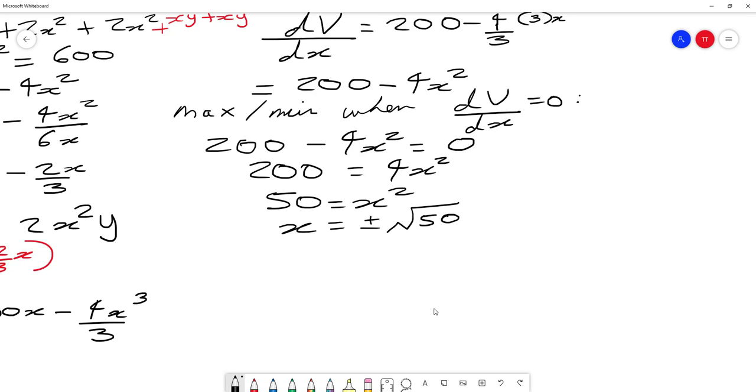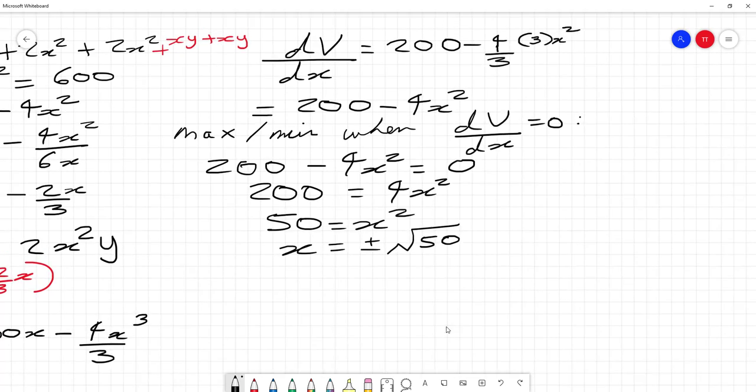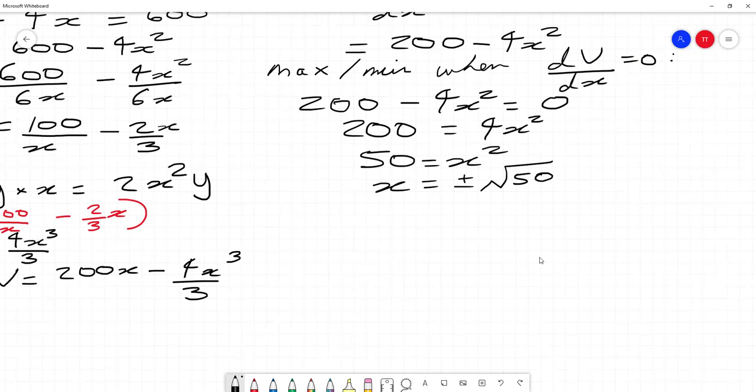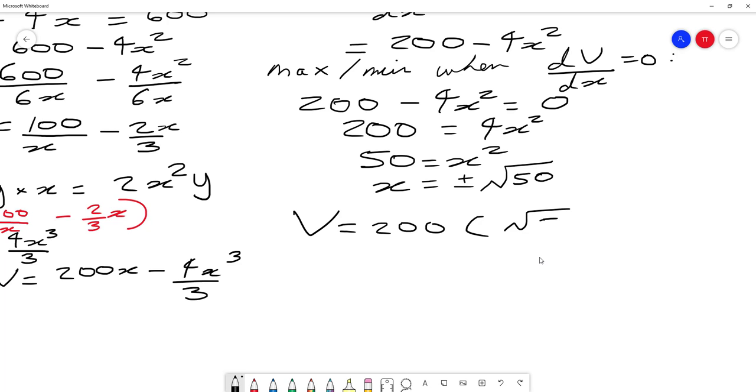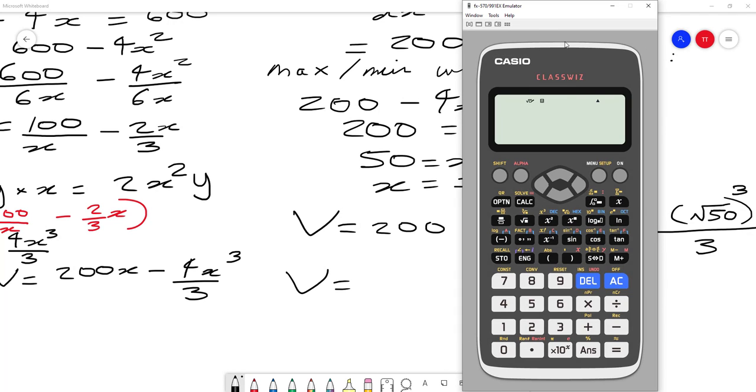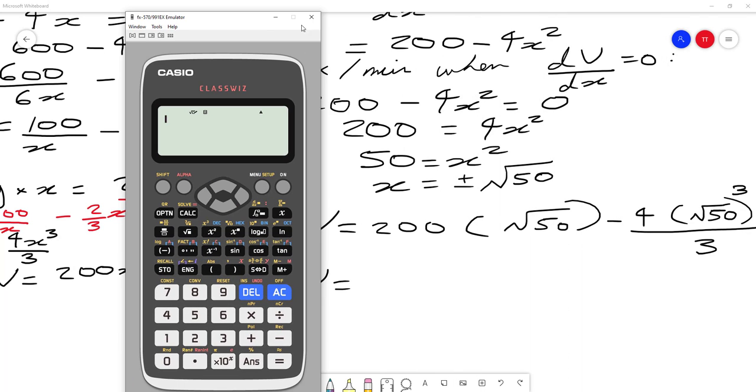So we know what the volume formula is. It's going to be V equals 200 times root 50 minus 4 times root 50 cubed, all divided by 3. Get my calculator out. I'm going to round this to the nearest centimeters cubed.